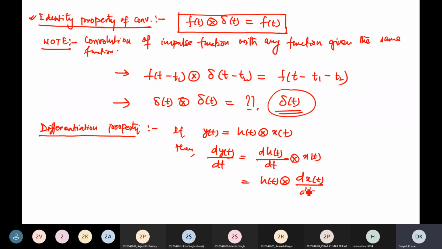Any one of the signals, either h of t or x of t, can be differentiated and convolved with the other signal, and it will give you the derivative of the result. So this is also very important. You can use this property to find answers to some other questions.